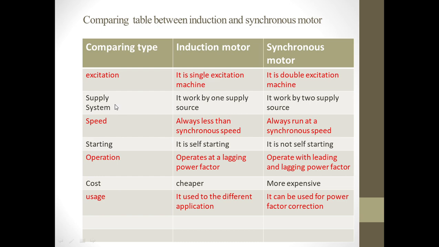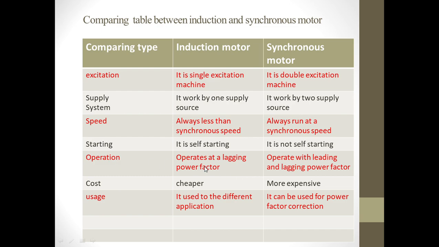In the supply system, the induction motor works with one supply source, and the synchronous motor works with two supply sources, a DC source and an AC source. In speed, the induction motor's speed is always less than synchronous speed, and the synchronous motor always runs at synchronous speed. In starting, the induction motor is self-starting and the synchronous motor is not self-starting.